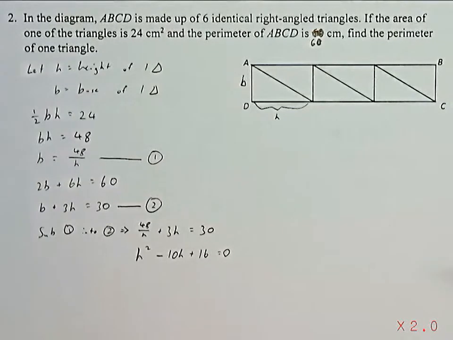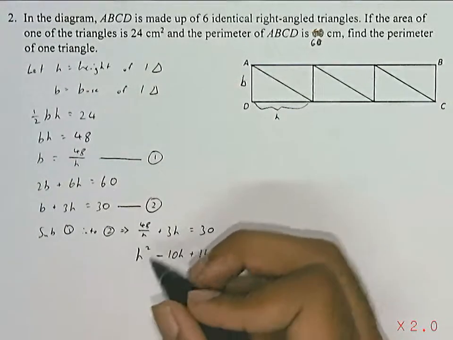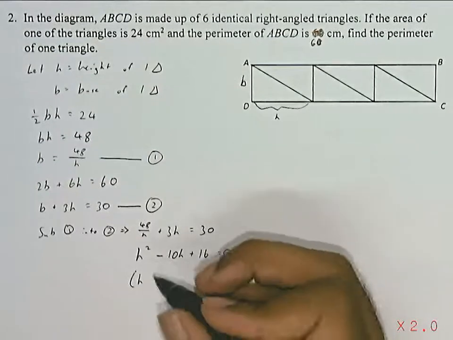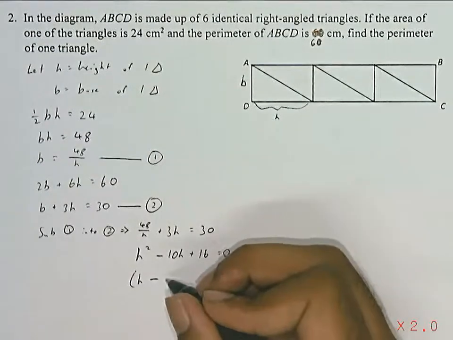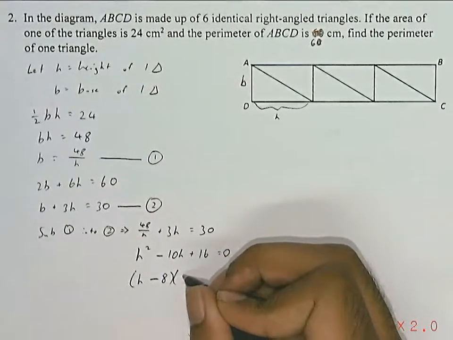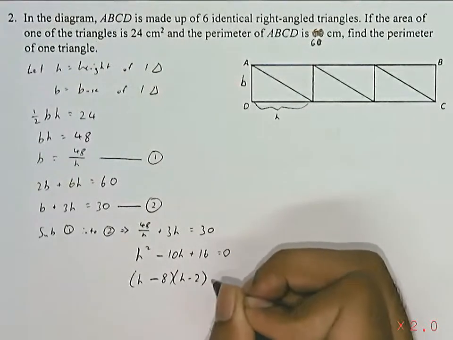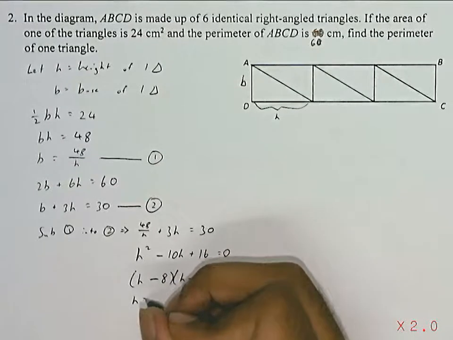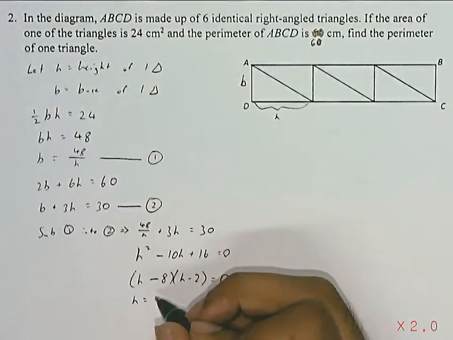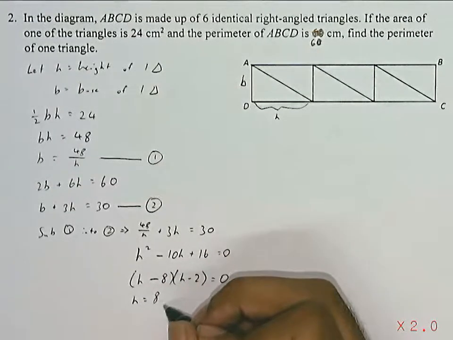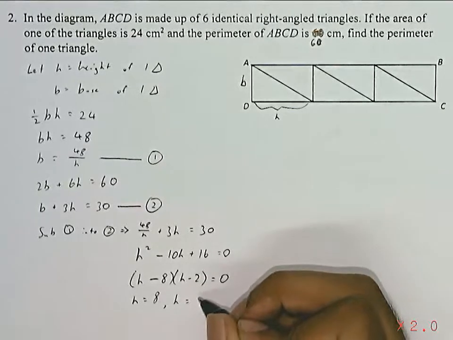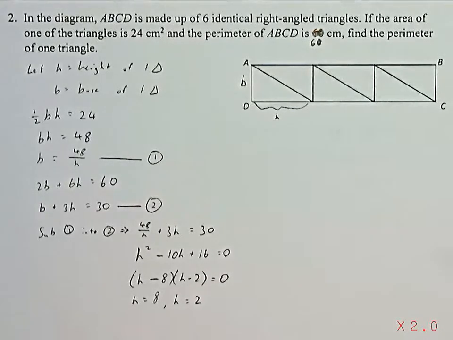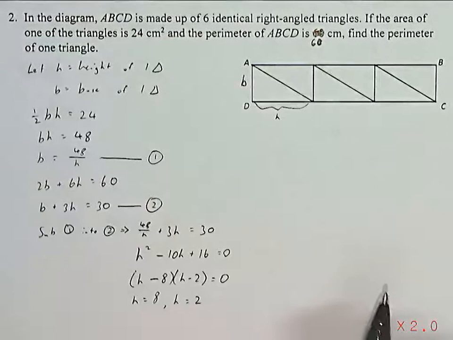So now to solve for h, we need to factorize the equation. You will get (h minus 8)(h minus 2) is equal to 0, giving us the solutions h is equal to 8 and h is equal to 2. At this point, we don't really know which of the solutions is correct, because it could be either one.